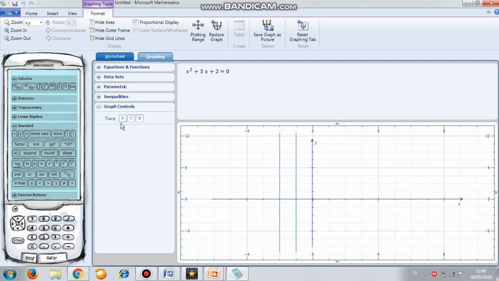And we can trace to get each value of x and y in the quadratic equation. It will display like this. The x is minus 1.